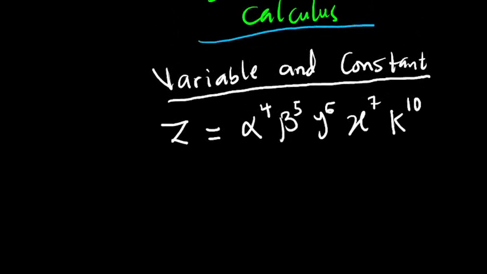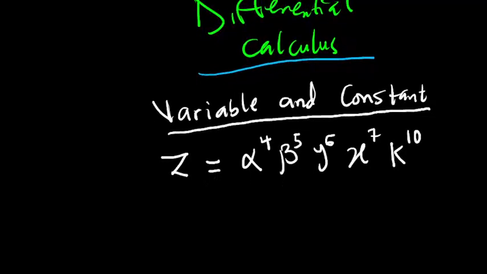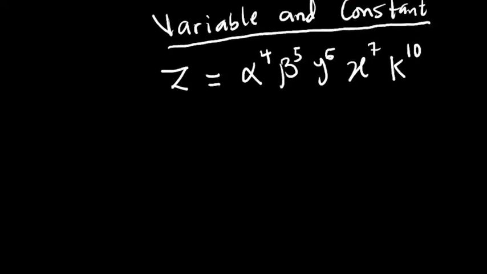Now, many times in calculus, we have dy dx, different derivatives. The idea of differential calculus is that we are focusing on the rate at which one quantity is changing with respect to another. So if you have dy dx, it means the rate at which y is changing with respect to x.